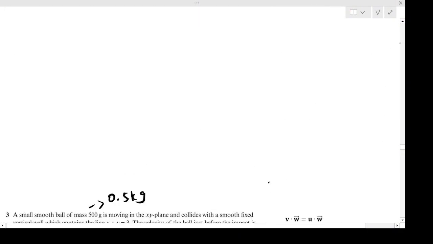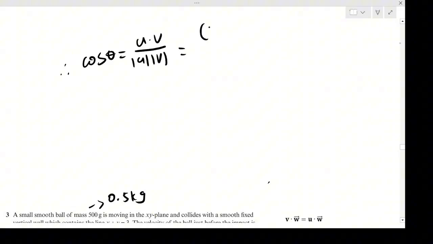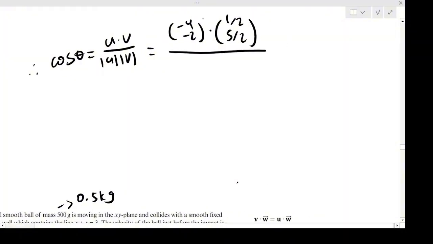I'm going to do that here. So therefore cos theta is u dot v over mod u mod v. Now u is (-4, -2), and v was (1/2, 5/2). Then we're going to multiply their magnitudes.